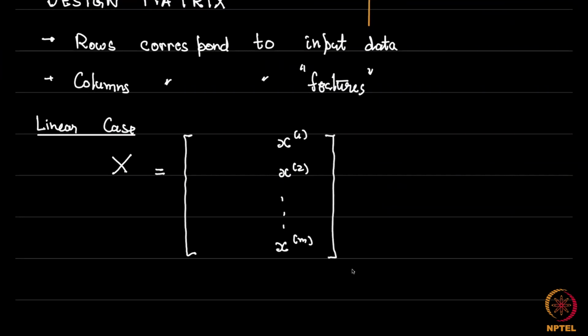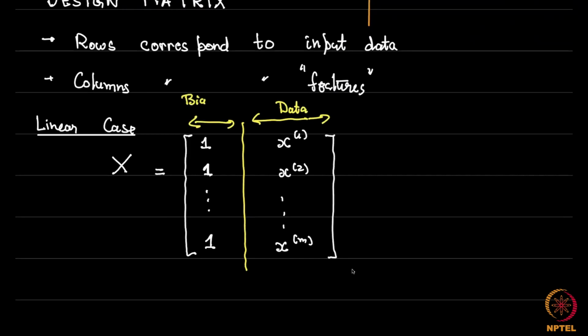And I'm going to augment it by just 1, a constant 1 everywhere here. You will shortly see why we add this. So this really is, here is the actual data. And this we call the bias. Okay. Or let's just call it the constant term.